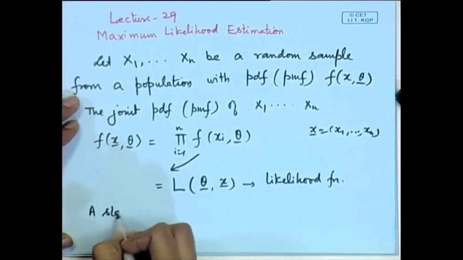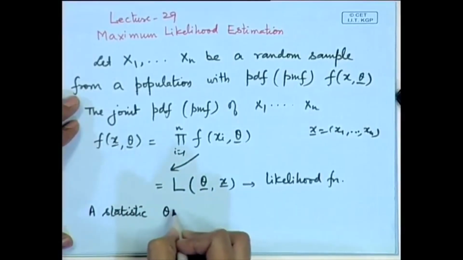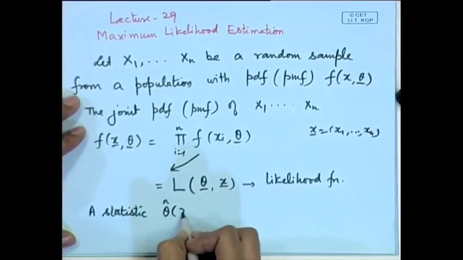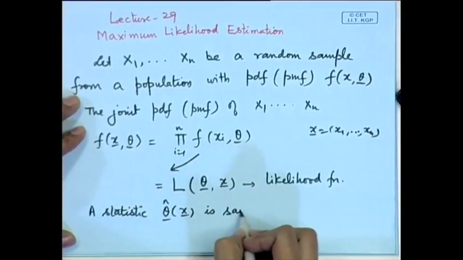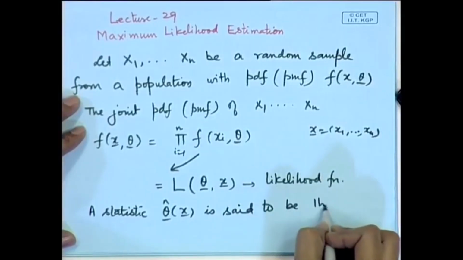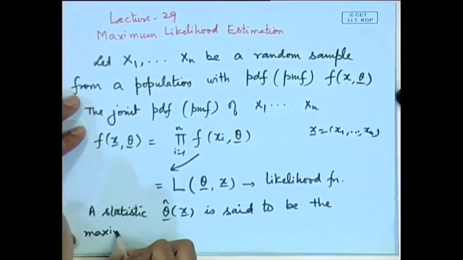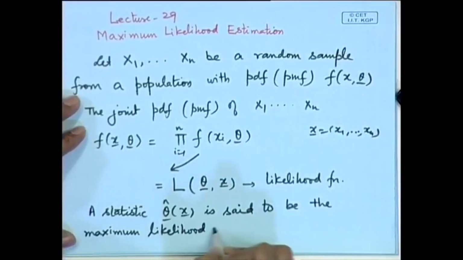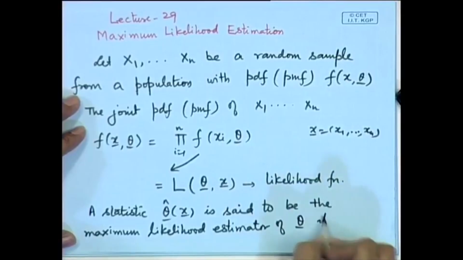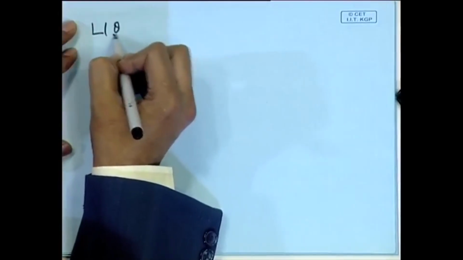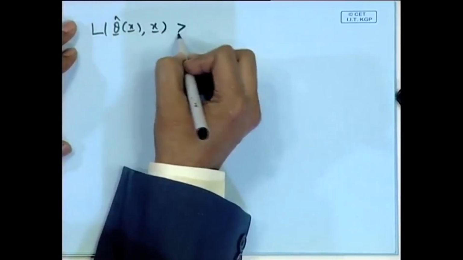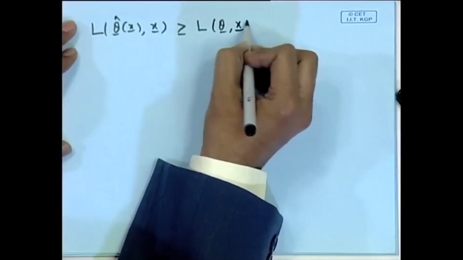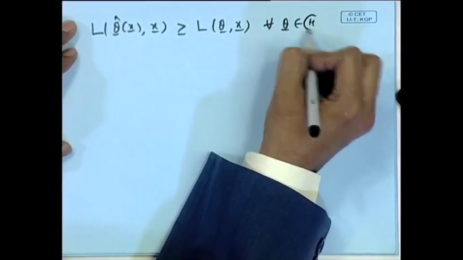A statistic theta hat(x) is said to be the maximum likelihood estimator of theta if L(theta hat; x) is greater than or equal to L(theta; x) for all theta belonging to the parameter space.